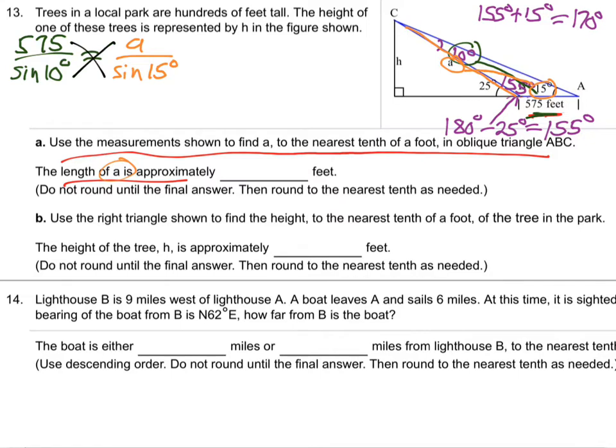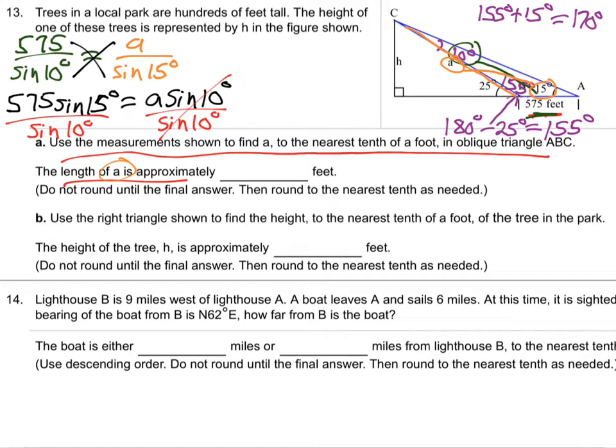Cross multiply, diagonal, diagonal. So 575 sine 15 degrees is A sine 10 degrees. To get A alone, divide by the sine of 10 degrees. That cancels, and now we just hit the buttons on our calculator.